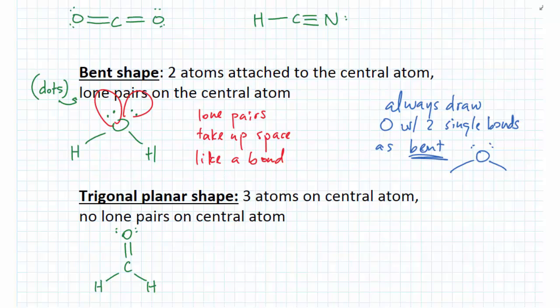And they're spread out around that central atom. Flat like a sheet of paper. Okay? That's what trigonal planar means.